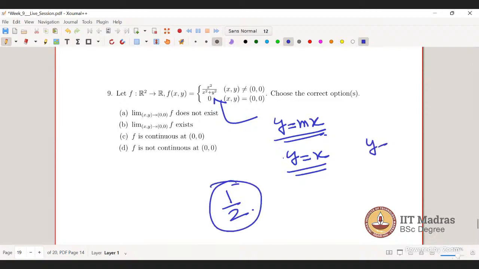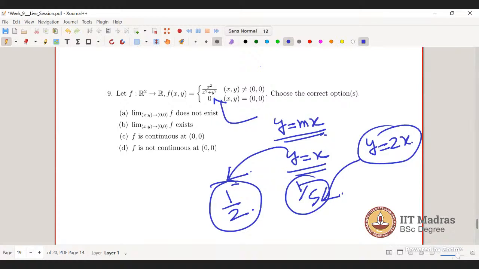If you take y equal to 2x, what will you get? 1/5. So for this path the limit is 1/2, for this path the limit is 1/5. Basically along this line the limit is 1 plus 1/m square. For different paths you are getting different limits, so the limit doesn't exist.